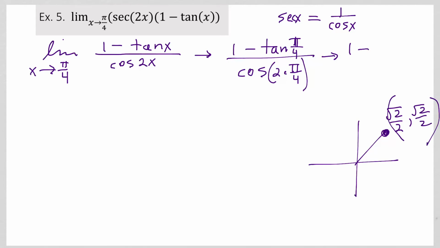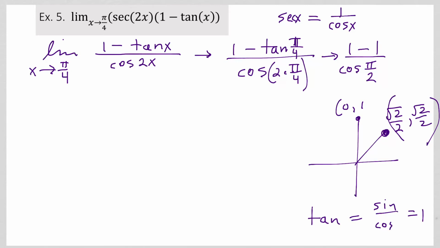So remember the tangent is sine over cosine. Well, if they're the same value, in this case your tangent will be 1. So we've got 1 minus 1 in the numerator, and then we've got the cosine of pi over 2. That's here, so the cosine is 0. So we've got 0 in the numerator, and we've also got 0 in the denominator. So that means we can apply L'Hopital's rule.